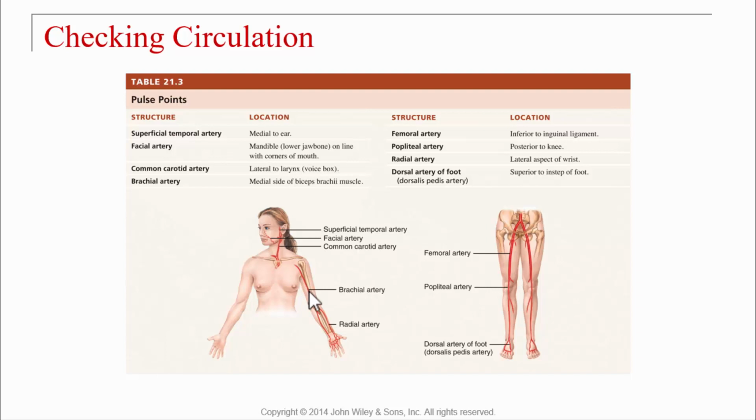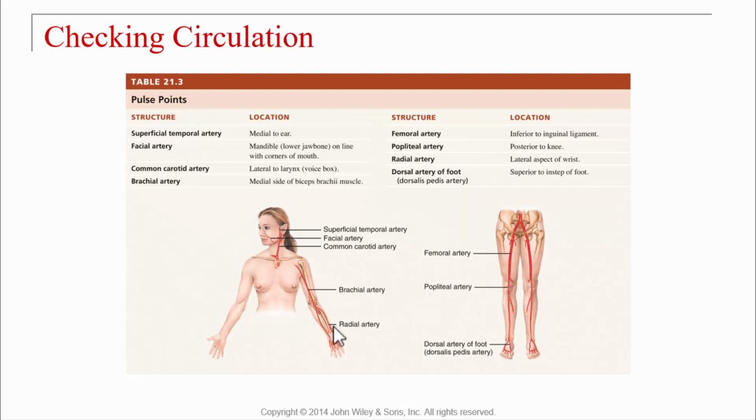And this is the area that you'd usually check on an infant for CPR, the brachial artery. The femoral artery, which is inferior to the inguinal ligament. So it's usually right in the crease of where you would bend your thigh. The popliteal artery, which is posterior to the knee. And then the radial artery, which is the lateral aspect of the wrist.